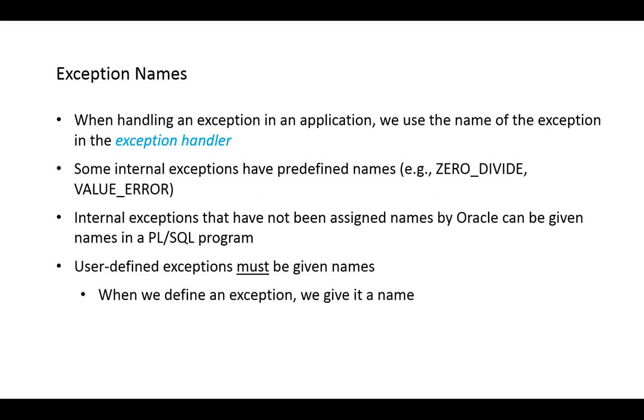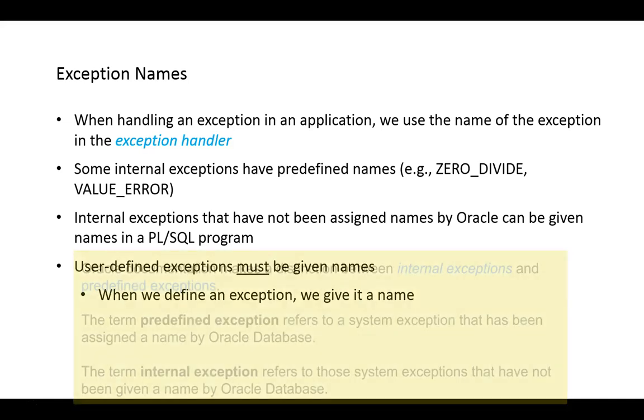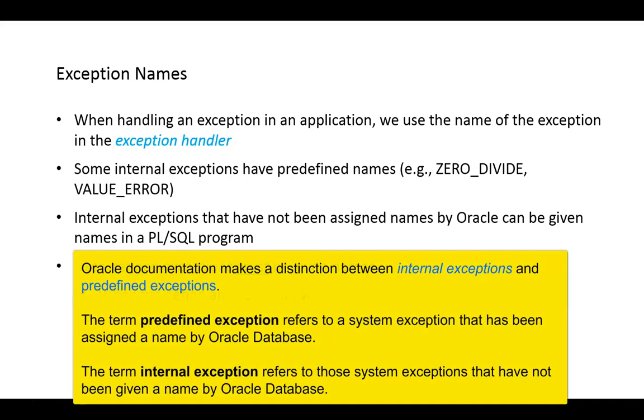When an exception occurs within an application, we must specify the name of the exception in the exception handler. So some internal exceptions have predefined names, such as zero divide or value error. Note that most internal exceptions have not been assigned names.